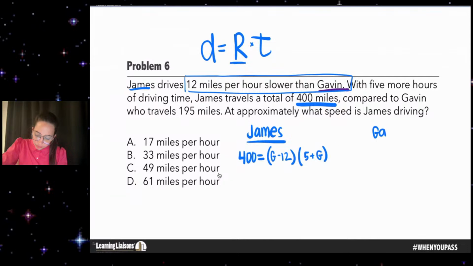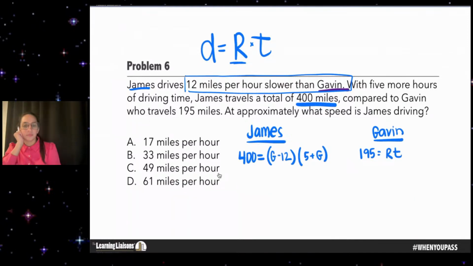Gavin's distance is 195. And he has a rate and a time, right? But this should be Gavin's rate and this should be Gavin's time. I know I solved this. 12 miles per hour slower than Gavin.